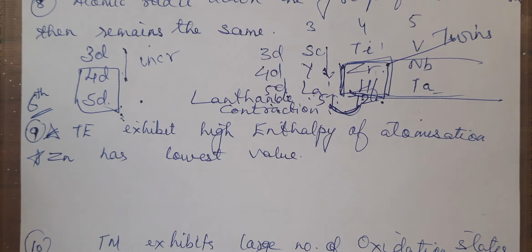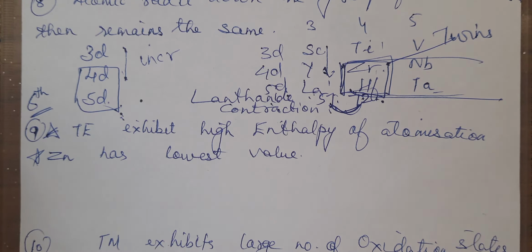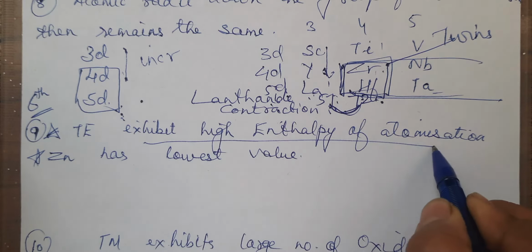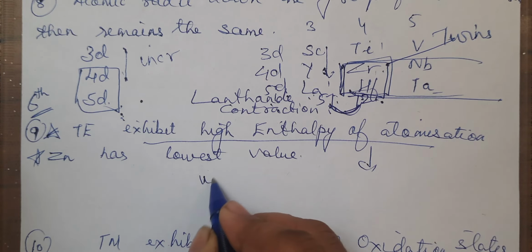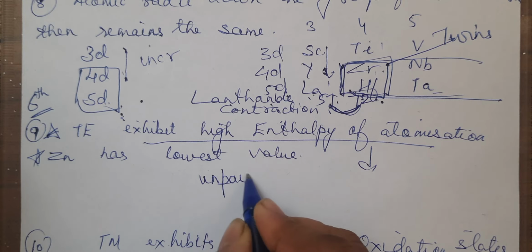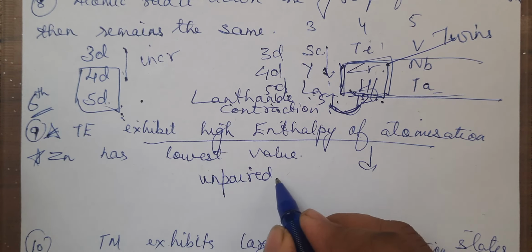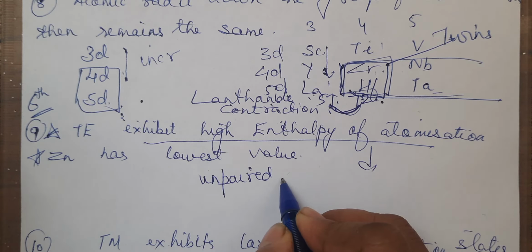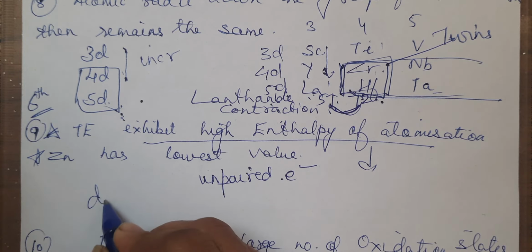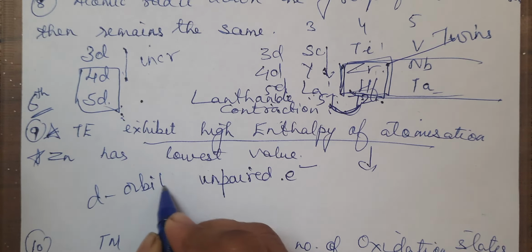zinc has the lowest value of enthalpy of atomization. Just now I made a mention of interatomic bonding. Transition elements, they have a large number of elements in which the d orbital is unpaired. Unpaired electrons are there in d orbital. Right?